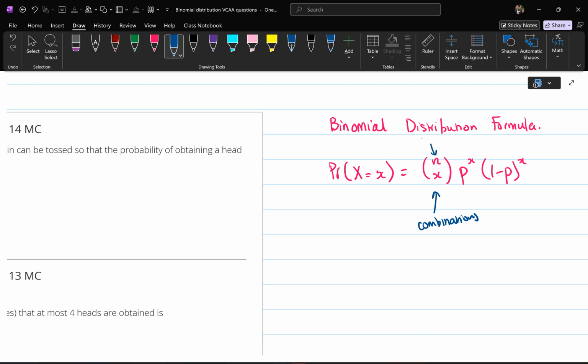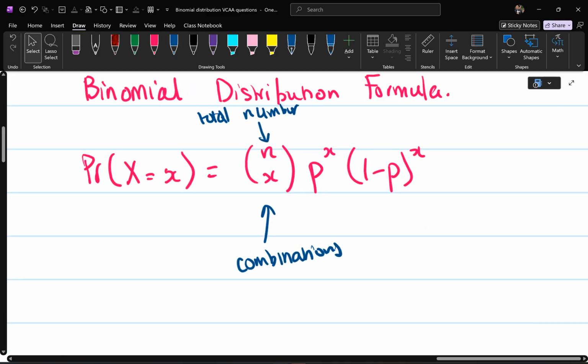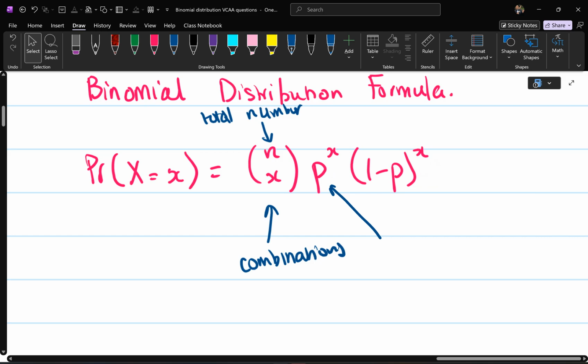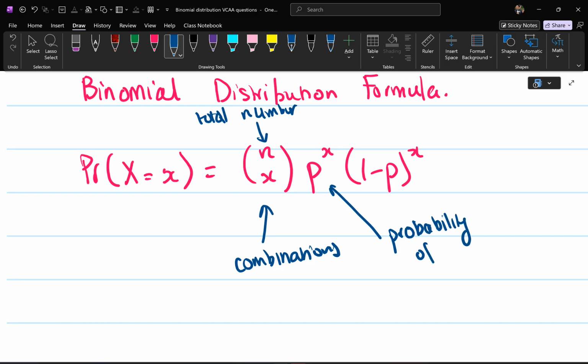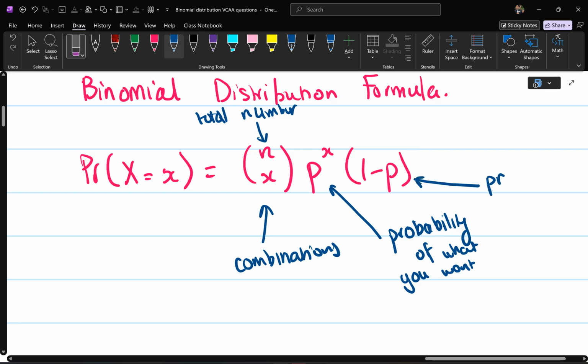This means n, the total number. This represents the probability of what you want. This is the probability, oops, sorry, that should be n minus x, of what you don't want.